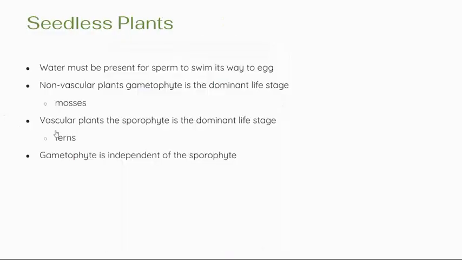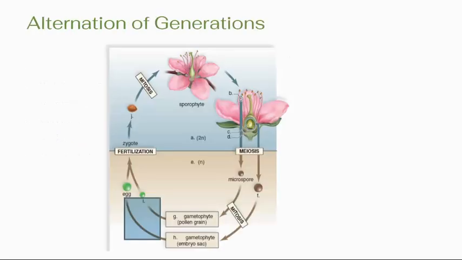Now we're going to talk about seed plants. Seed plants produce pollen, or to say, well, sperm. So pollen is essentially just sperm.